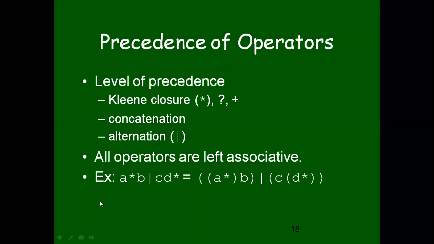All the operators are left associative operators. Make a note of this. For example, here we have the representation of left associative operators. This comes under the concept of precedence of operators.